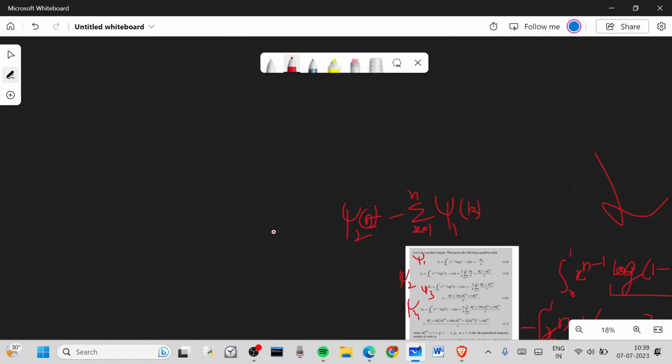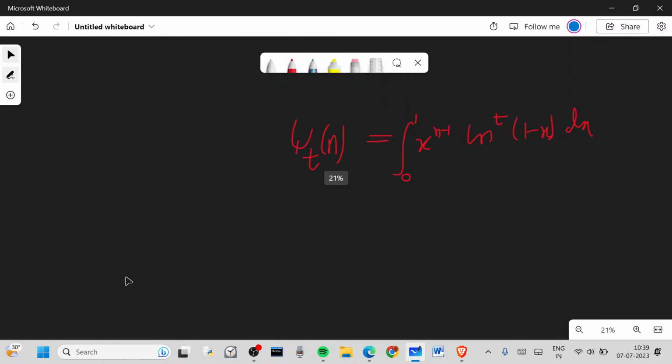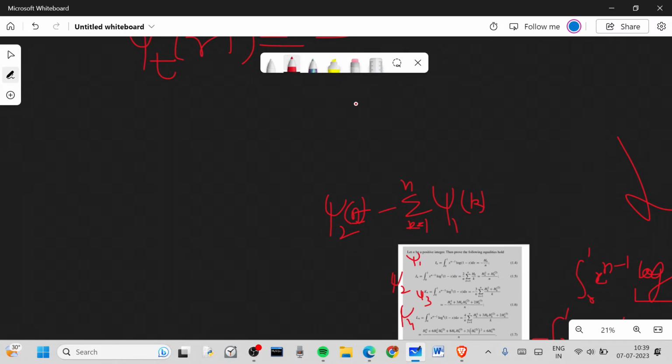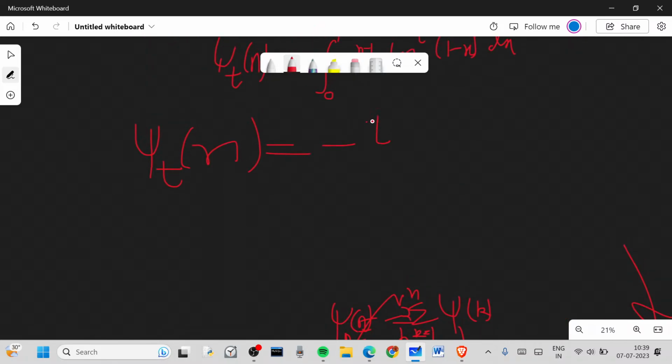Now, if we prove this thing for general t and t minus 1, I think our work is done. So basically, what we need to prove is that phi t n is equal to negative, one more thing, sorry, I missed a term over here, minus 2 by n, so 2 to the t minus t by n, sigma k from 1 to n of phi t minus 1 k.